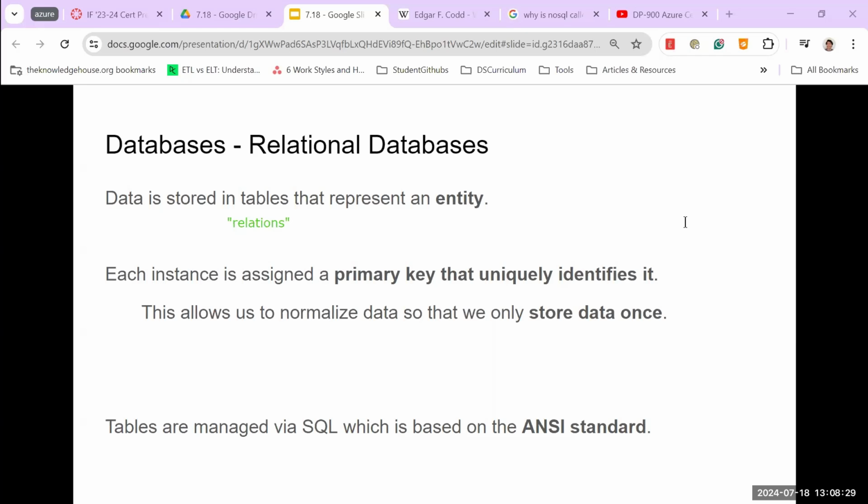And abiding by this data normalization, specifically 3NF or third normal form, once again, we'll talk about that later, we are able to store data only once. And I want you to think about it. Why is it important to only store data once, right? What is the risk that you accept when you have the same piece of information stored in multiple locations?